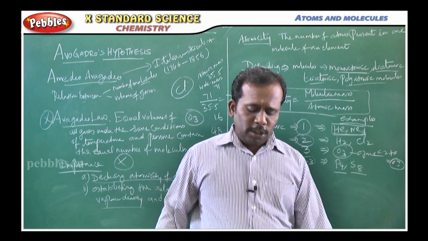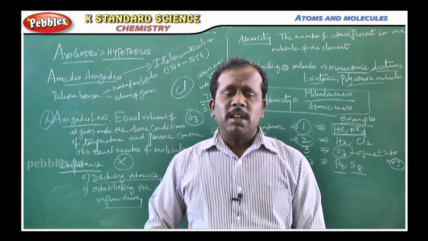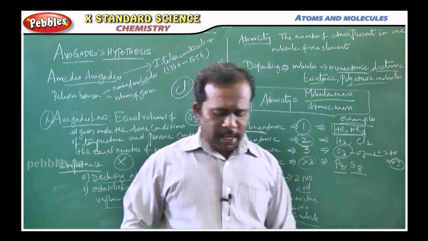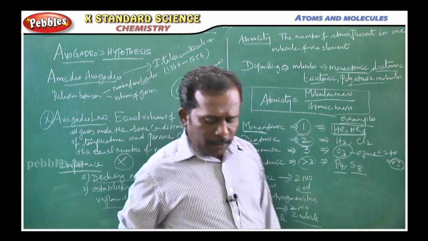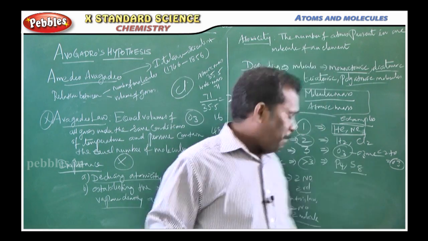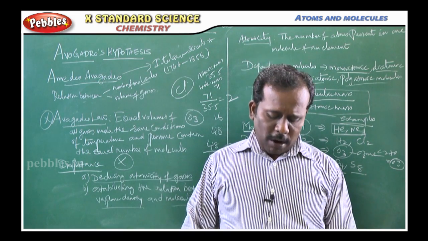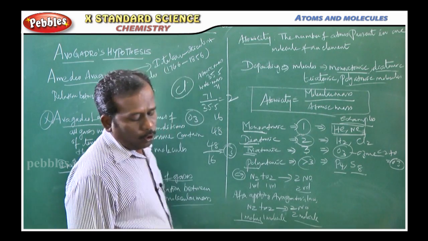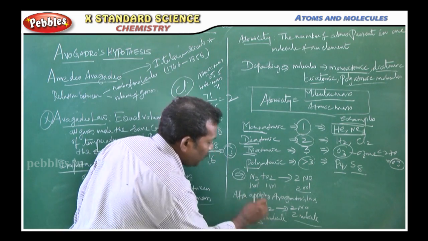What conclusion did they give? It is found that 2 molecules of nitric oxide contain 2 atoms of nitrogen and 2 atoms of oxygen. After applying the Avogadro law, these 2 atoms of nitrogen and 2 atoms of oxygen should come from 1 molecule of nitrogen and 1 molecule of oxygen.